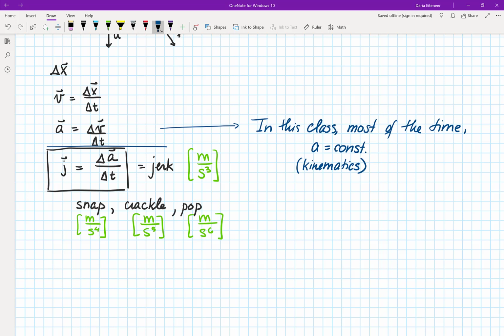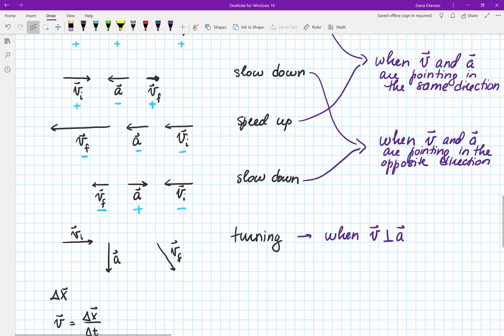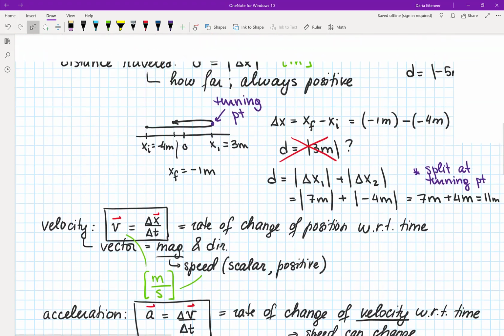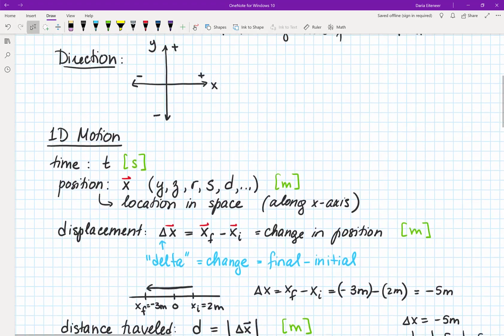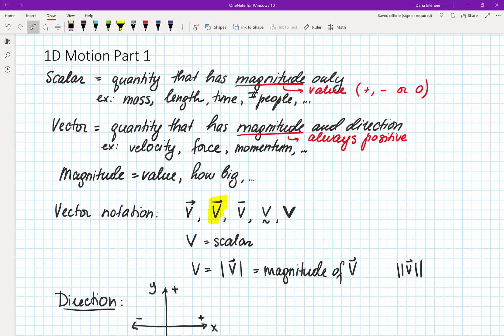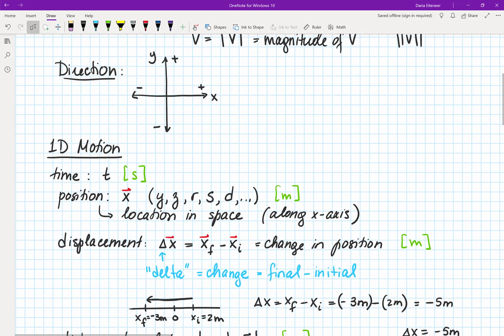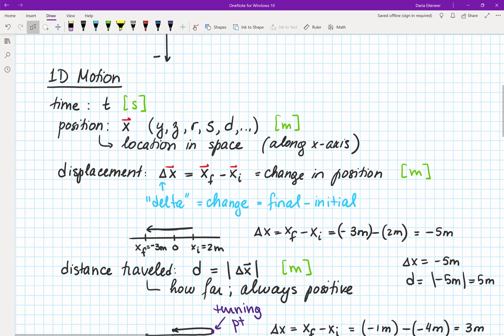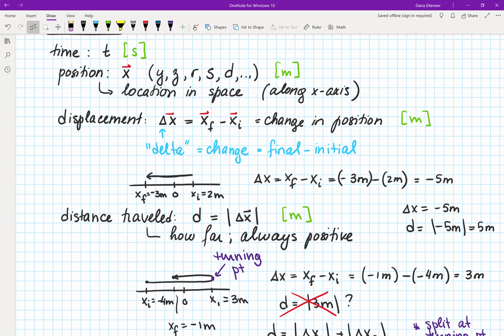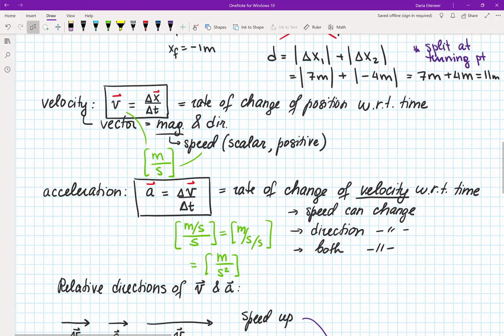So out of the stuff that we did in this lecture, well, you need everything. So obviously we started with definitions of vectors and scalars. So that's going to kind of propagate through the entire semester. Talked about directions very briefly. That's also very necessary. And then we're using time, position, displacement, distance, velocity, and acceleration to describe one-dimensional motion.